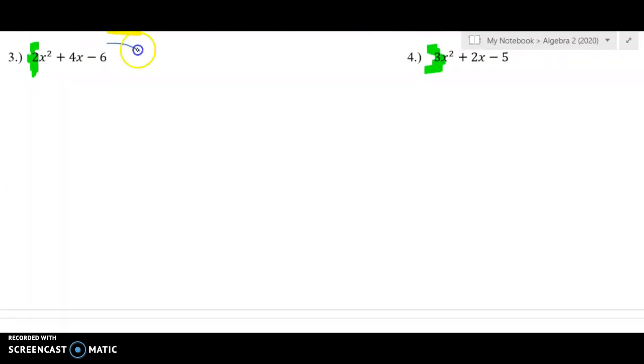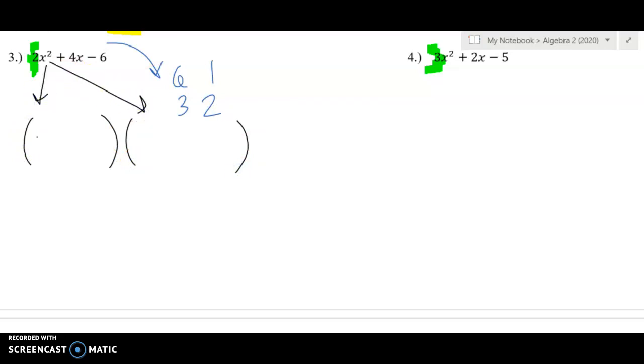Let's do some more. We'll multiply this to 6. 6 times 1 or 3 times 2. Let's make our factors. I need to split up 2x squared. So that would be 2x and 1x.